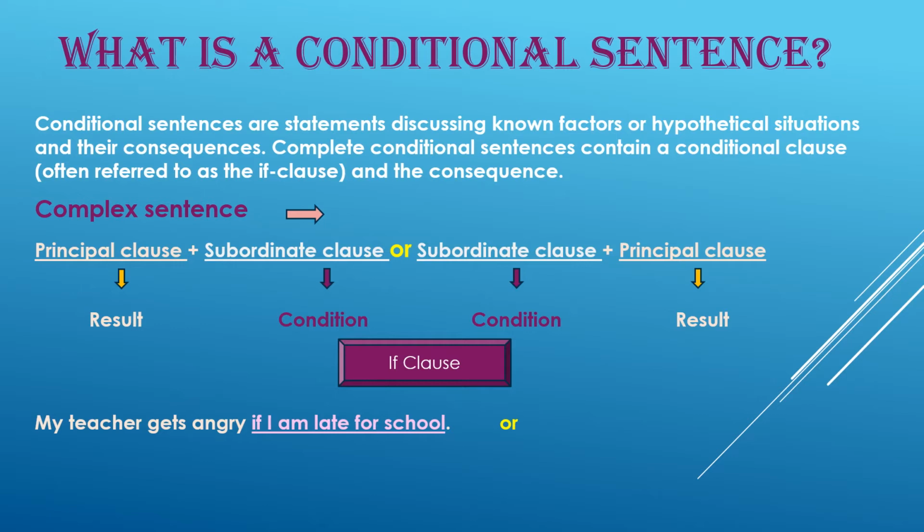We can make the sentence in another way. Let's see. If I am late for school, my teacher gets angry. In this case, the subordinate clause comes first and we have to put a comma just after the subordinate clause, and then comes the principal clause, my teacher gets angry.